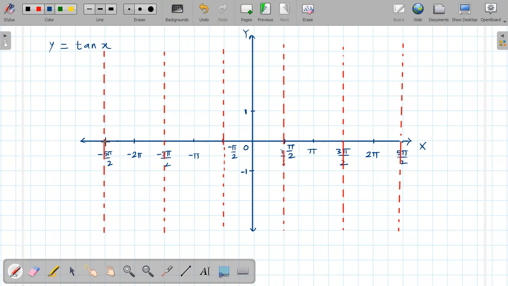Because the tan function is not defined for odd multiples of pi by 2, that is (2n plus 1) into pi by 2. So that's why we have shown the dotted red lines here for pi by 2, for 3 pi by 2, for 5 pi by 2, and so on.